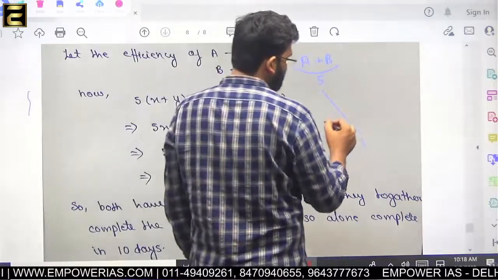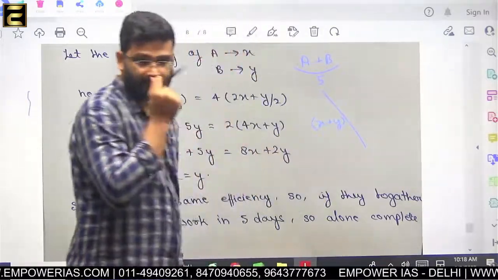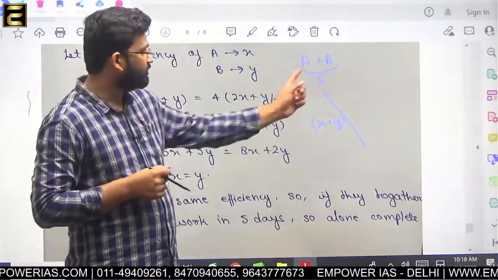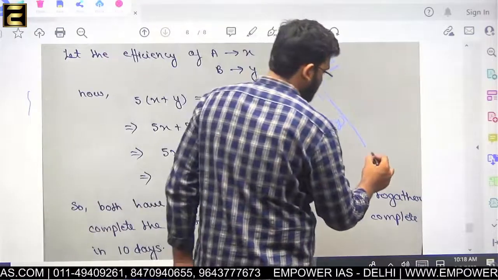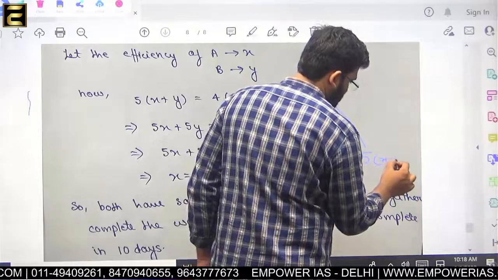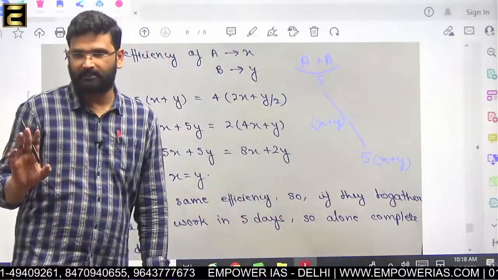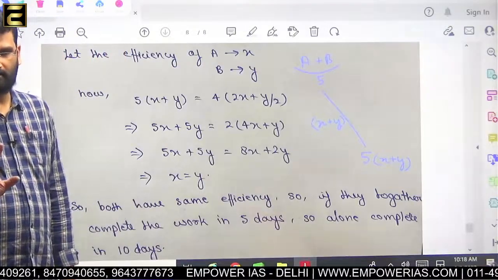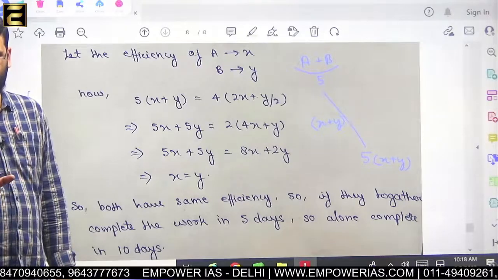So here the efficiency will be x plus y. So the total unit of work will be 5 into (x plus y). यही तो हम मान रहे थे ना. हाँ, क्या हुआ, नहीं आ रहा समझ में.